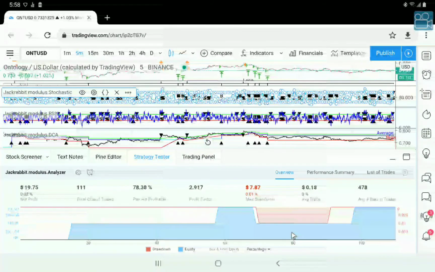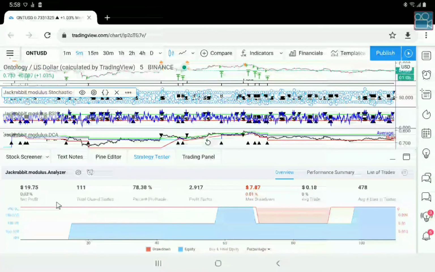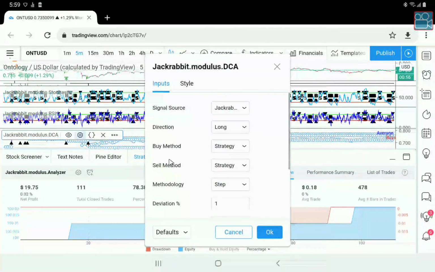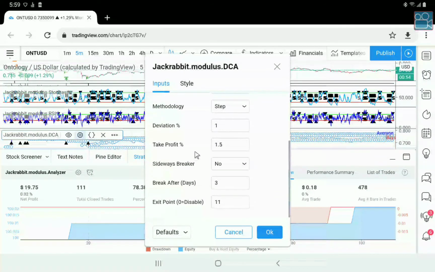Okay, that's much better. But we have an exit point right here. But still $19. Not bad. Let's see what happens if I bump the budget?